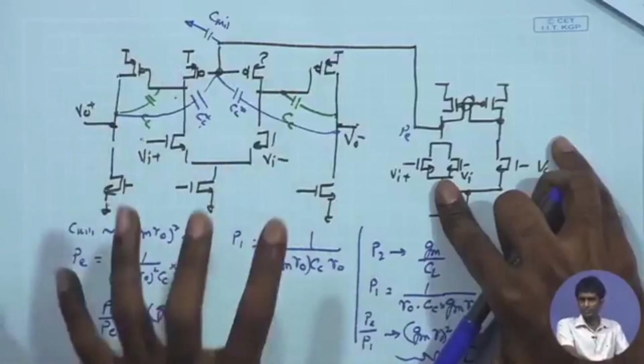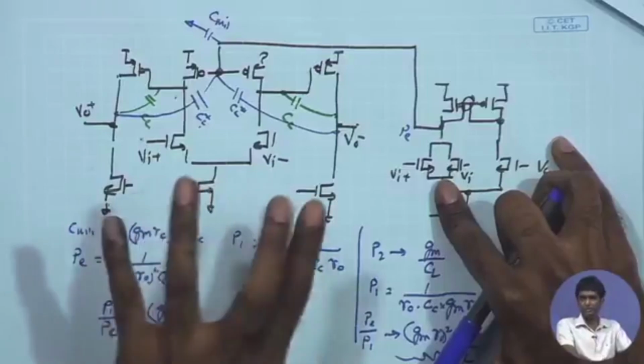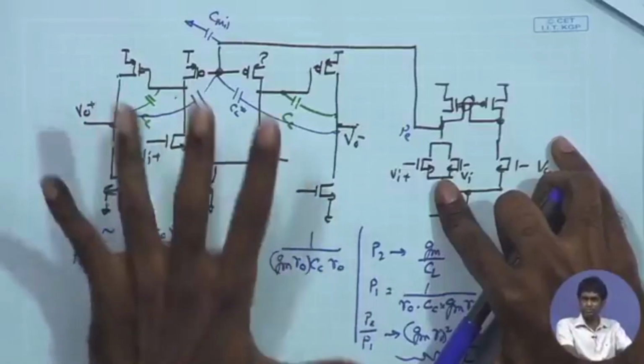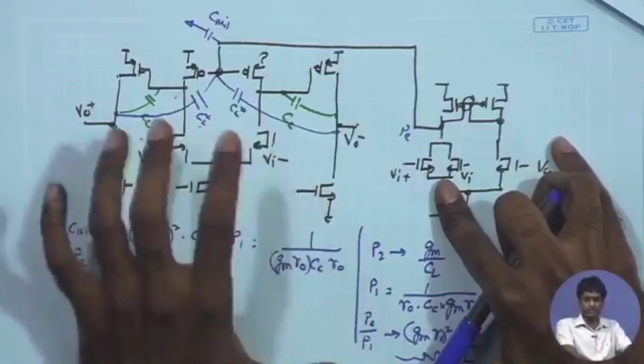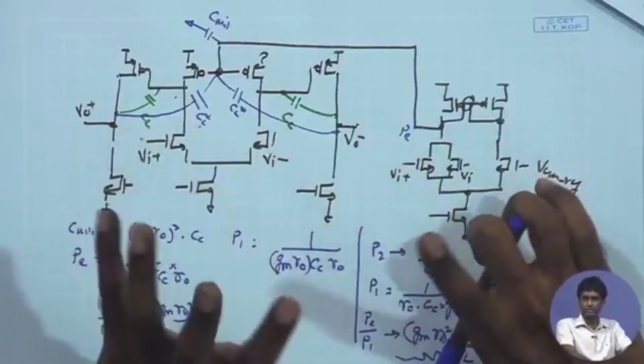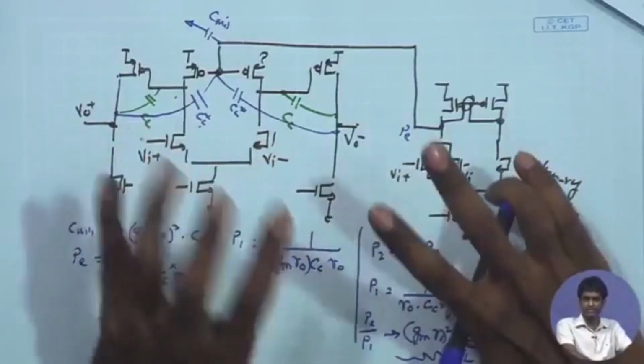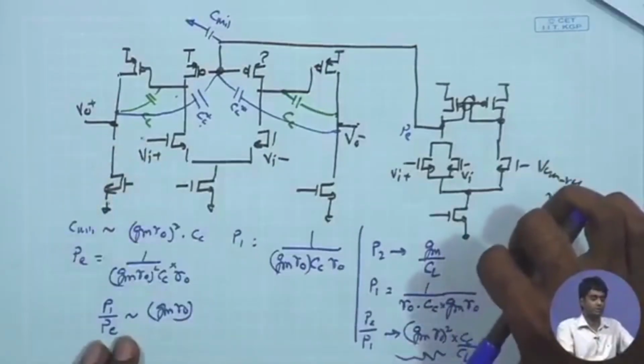So, calculations can give you a starting point, and from that starting point you can do the simulations, and you can tune the transistor dimensions or the component values in the right direction to approach the right specs.